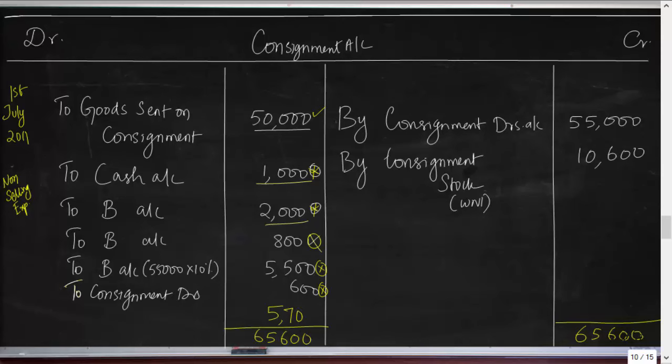This is the profit from consignment, and this should be transferred to general P&L account, 5700. In this way we have completed the consignment account, but we are yet to close the consignee account.